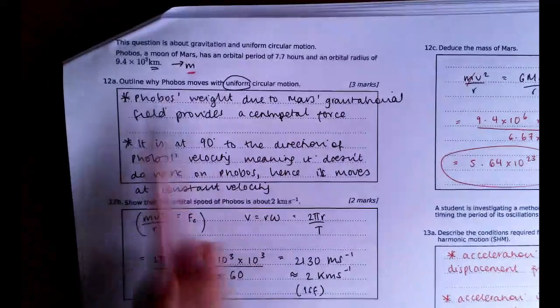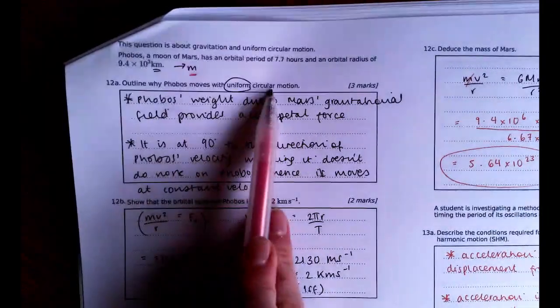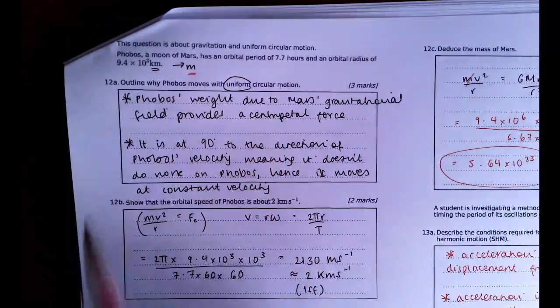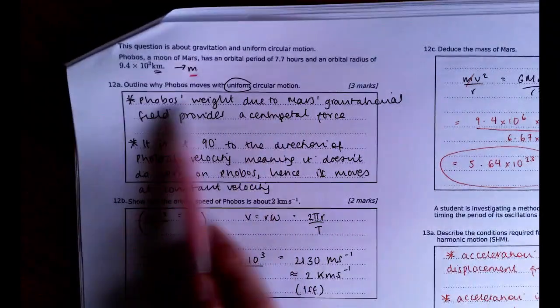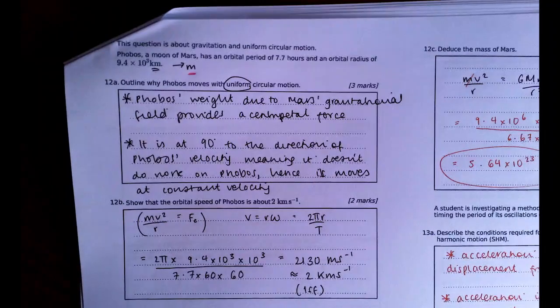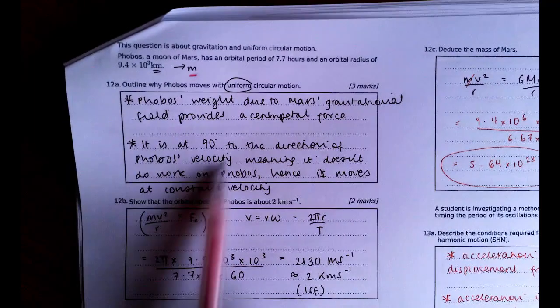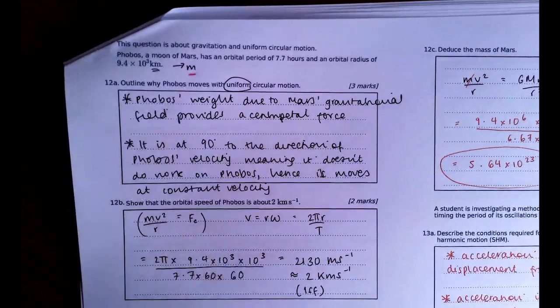So, outline why Phobos moves with uniform circular motion. Okay. So we can say, firstly, Phobos's weight, due to Mars's gravitational field, provides a centripetal force. Then, this force is at 90 degrees to the direction of the velocity, meaning it does no work on Phobos.